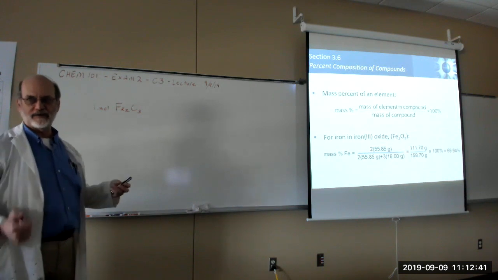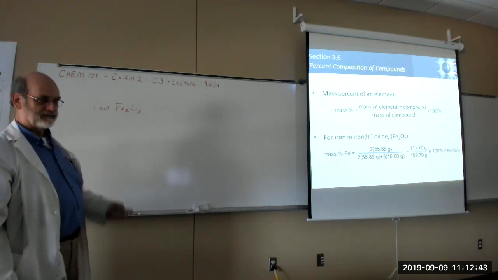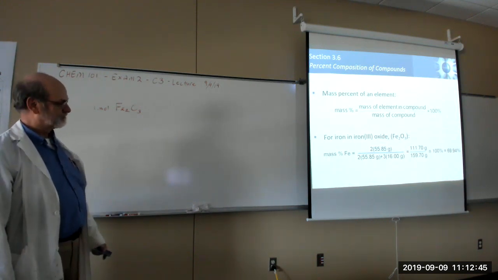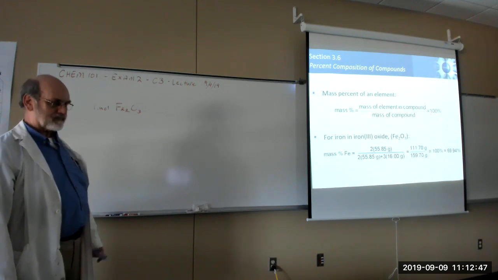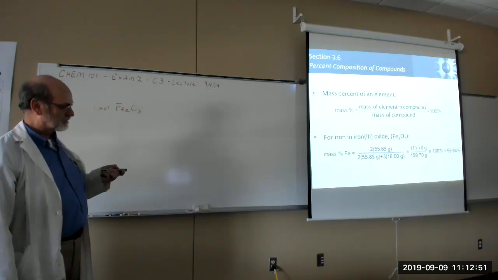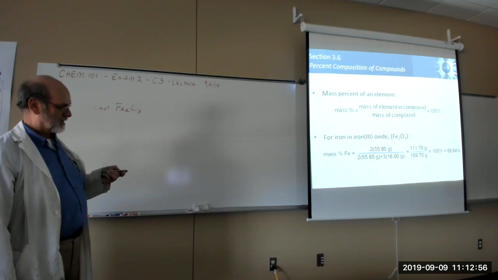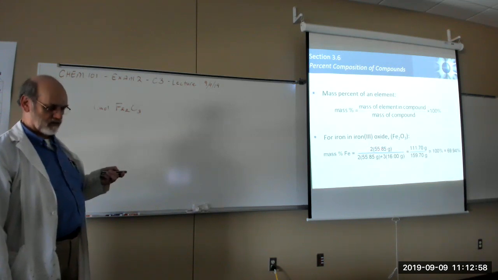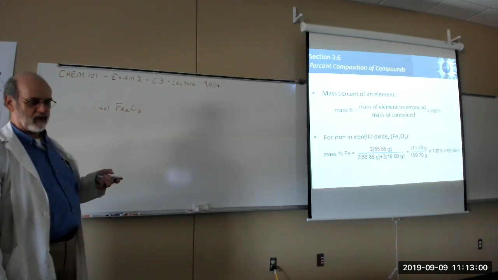It'll mess up your answer. Okay, so for mass of the compound, which is the iron, which is both right in there, which is 55.85 grams, right? It's kind of small there.